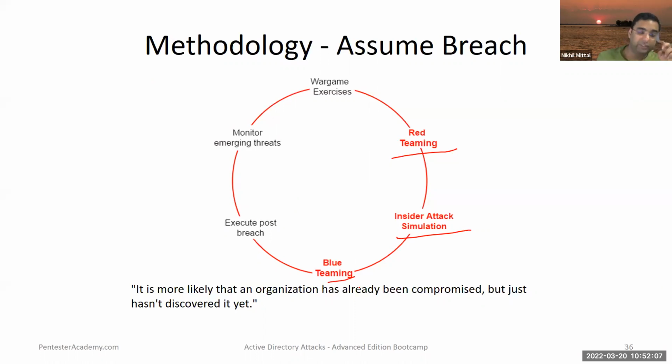So what is an assume breach methodology? In place of traditional reactive, perimeter-based security, where you assume that you have dug trenches and you are locked and loaded for an enemy to come in, in an assume breach you already assume that the organization you are responsible for is already compromised, but you have just not discovered it yet.